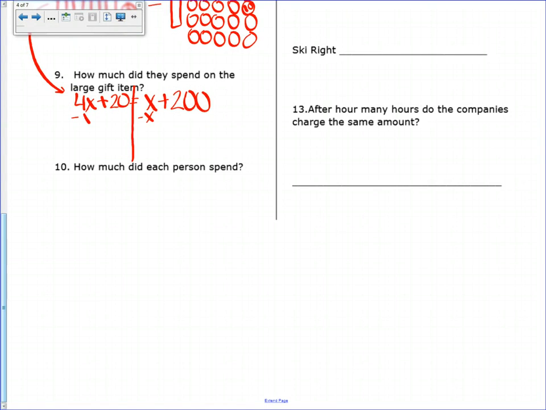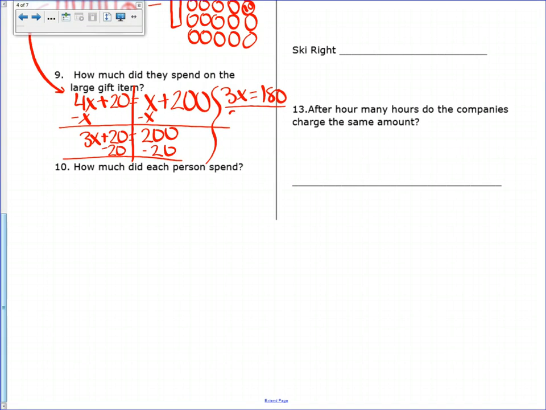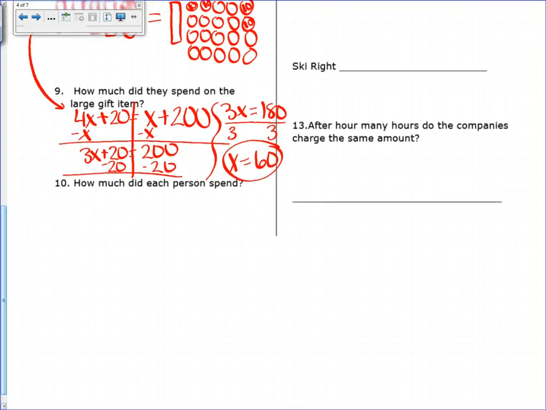Minus x on both sides to get my x's together. 3x plus 20 then equals 200. Minus 20. We get 3x equals 200 minus 20 is 180. And then divide everything by 3. X equals 60. So that tells us that each large gift was worth $60.